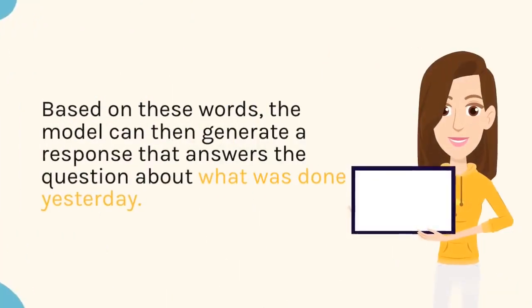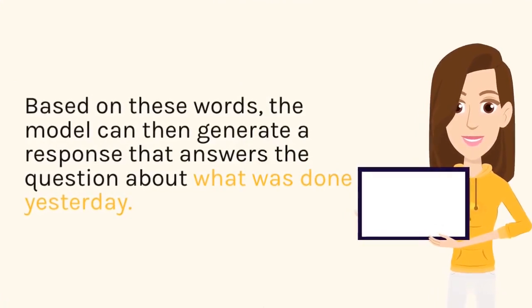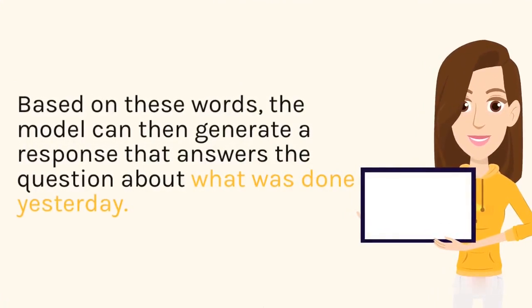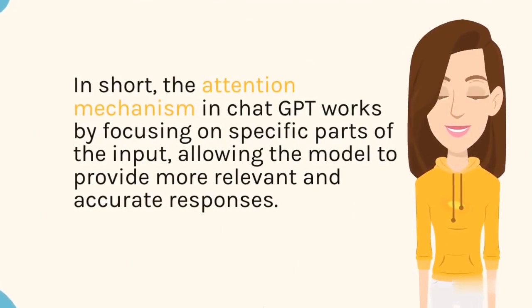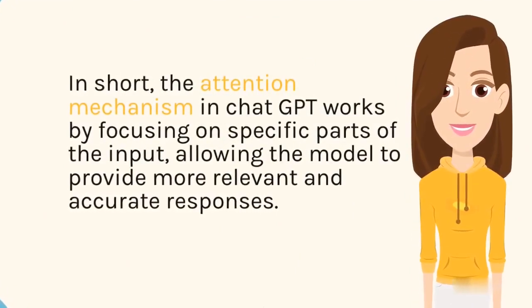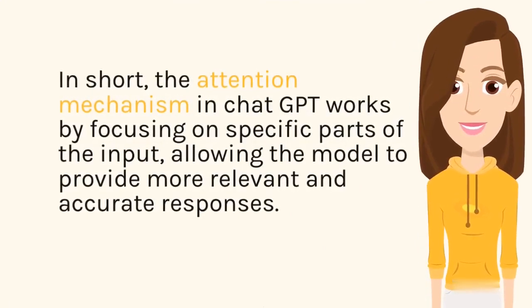Based on these words, the model can then generate a response that answers the question about what was done yesterday. In short, the attention mechanism in ChatGPT works by focusing on specific parts of the input, allowing the model to provide more relevant and accurate responses.